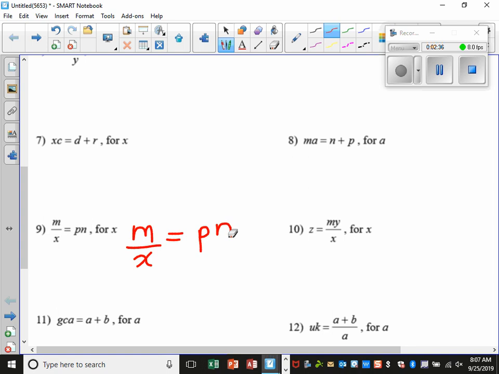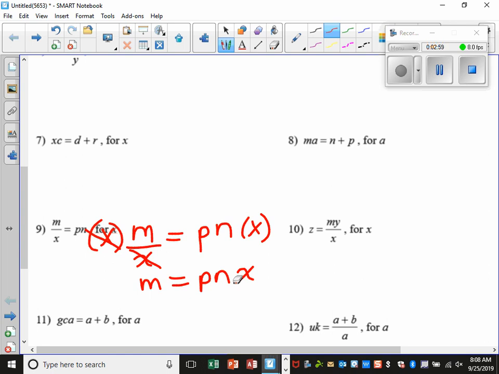Okay. So if we're solving for x, first thing I want to do is get rid of that divided by x, so I'll multiply on both sides. I'll have m equals p n x.